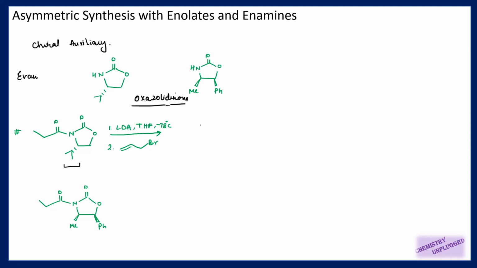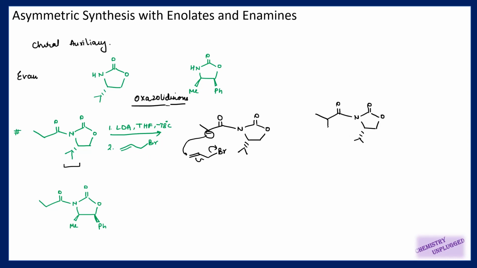So first we have to generate an enolate, or I can simply write it like that, we have a negative charge here. Secondly, this negative charge will attack this carbon and Br will be removed, right? This section is very simple. The question comes: what will be the attachment side of this allylic group? So if this group is below the plane, this allylic group will attach above the plane like this one, right?